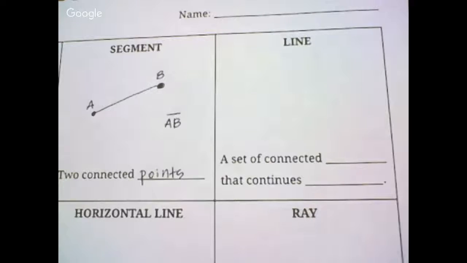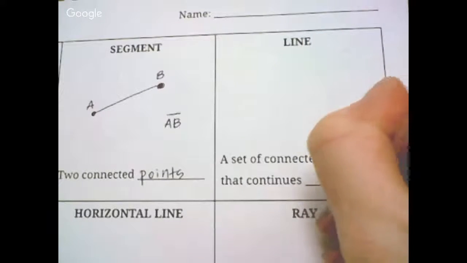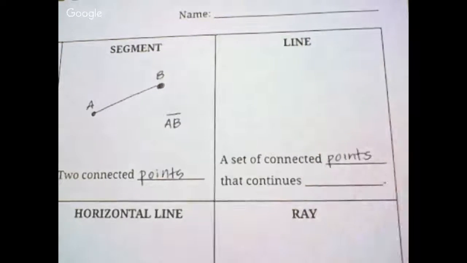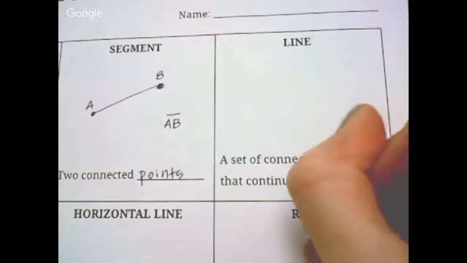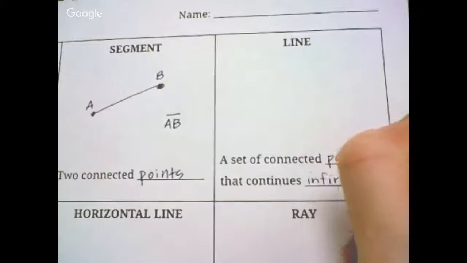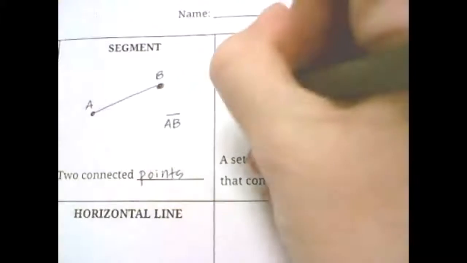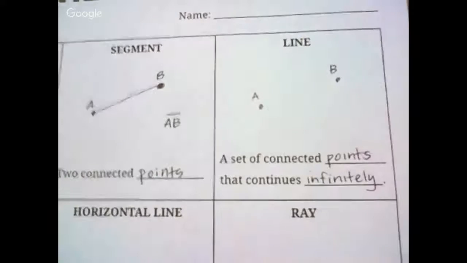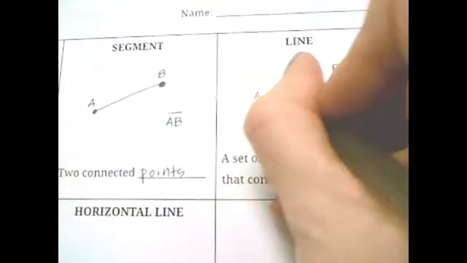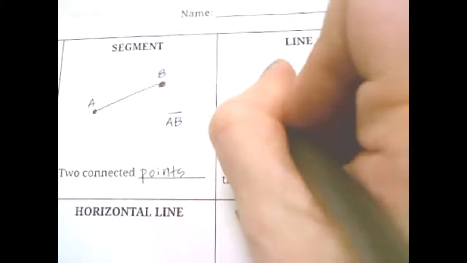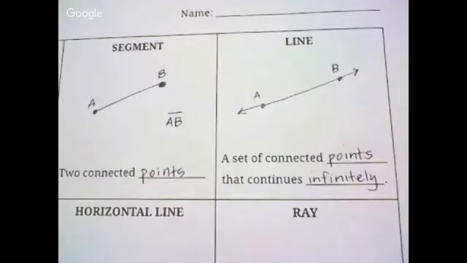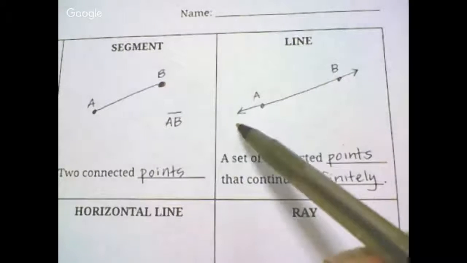A line is a set of connected points that continues infinitely. So I have my points just like a segment, I'll say A and B, but instead of stopping, my line extends forever, and we show that by doing these arrows at the end.